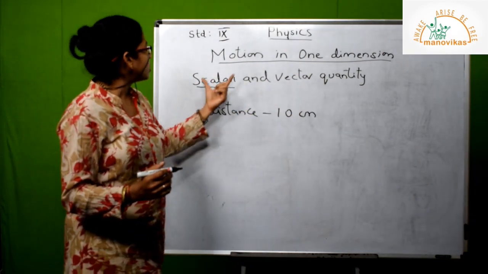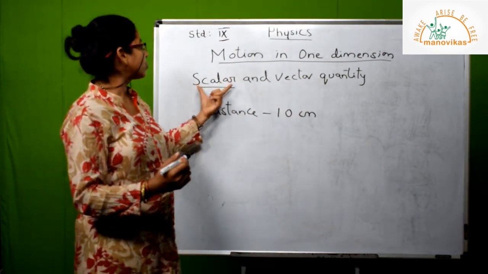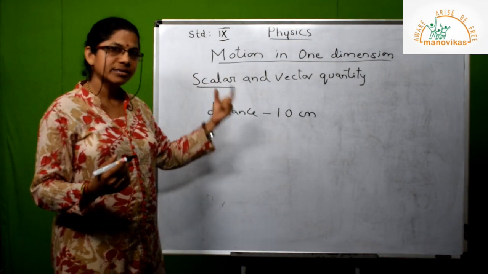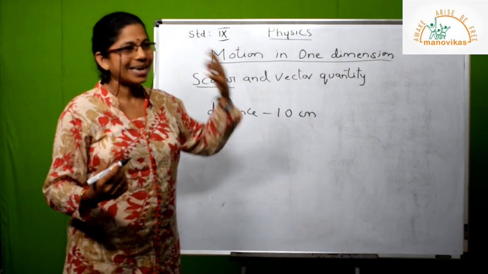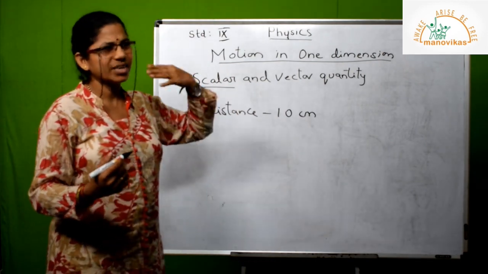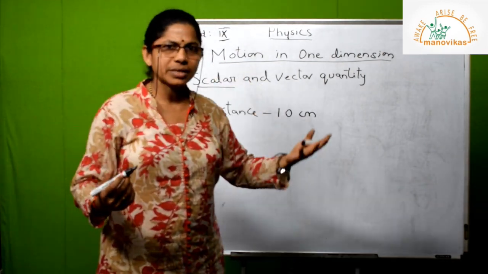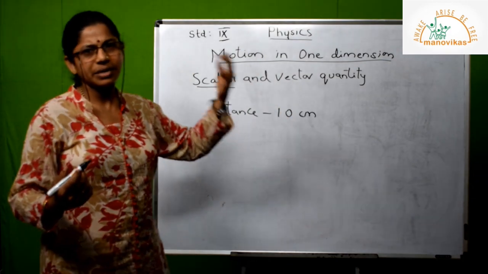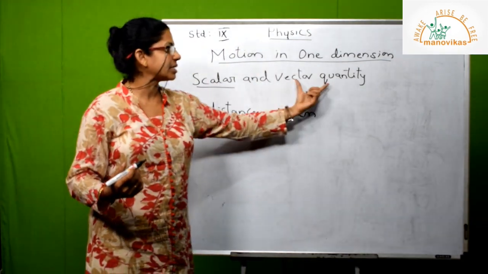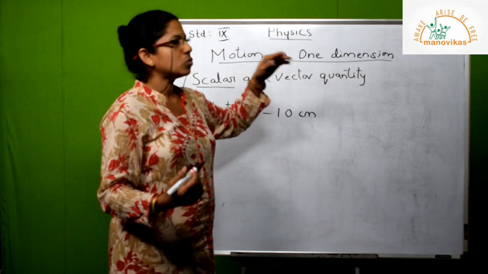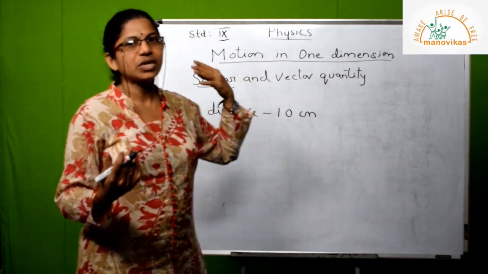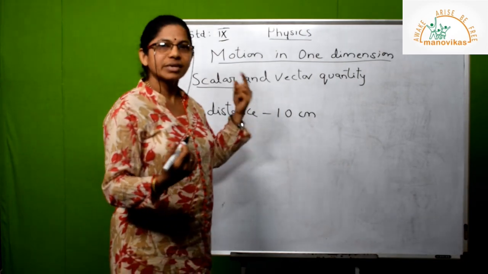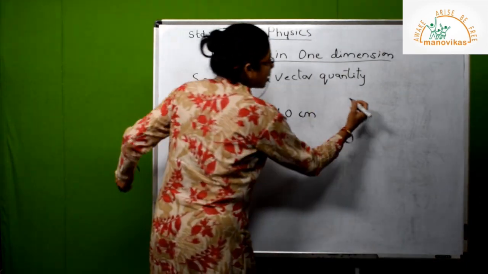Now we come back to scalar quantities. For scalar quantities, only magnitude is needed and we can add scalar quantities just like normal, using normal arithmetic. You can add, subtract, multiply, divide. Whereas in case of vector quantities, you have special vector addition methods which are to be followed, and vectors are represented using alphabets.